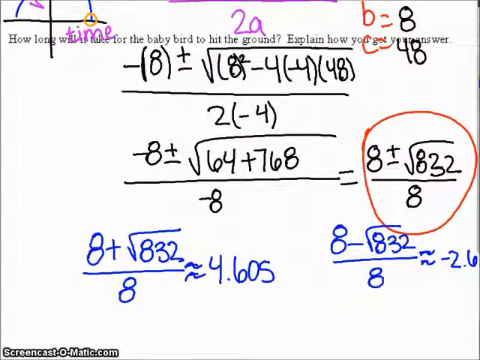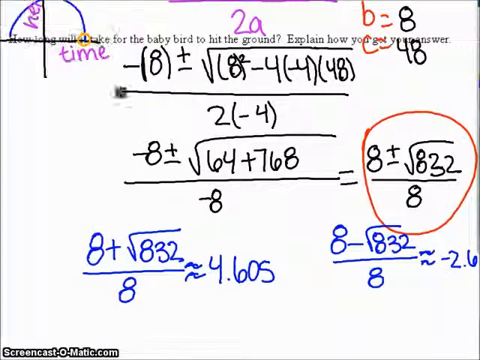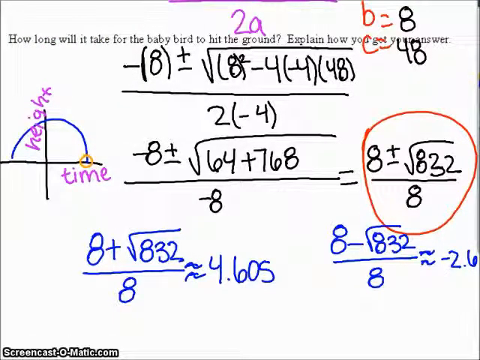So now I have to ask myself, which one of these x-intercepts is going to be the one that makes sense? So which one is going to be this x-intercept that's circled in orange? Well, the negative one is going to be the one that's on the negative side. So that means this one has to be my answer.